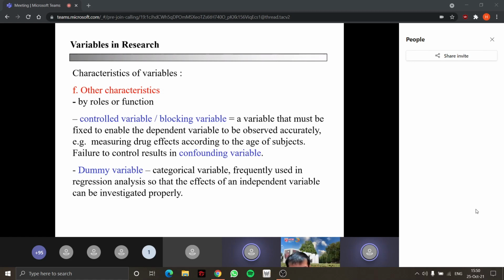So when you are running a trial, you need to group patients into young and old, for example. When you do that, you are blocking the effects of the drug by, let's say, age, because of the different levels of maturity or different reserve capacities of the detoxification organs of these patients and so on and so forth.